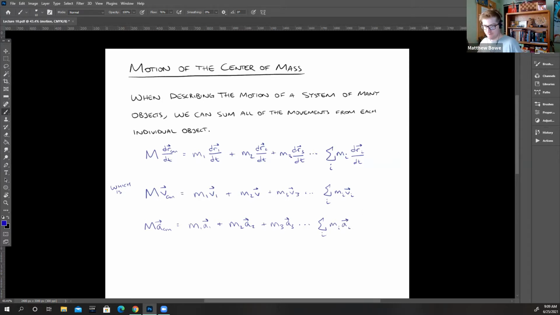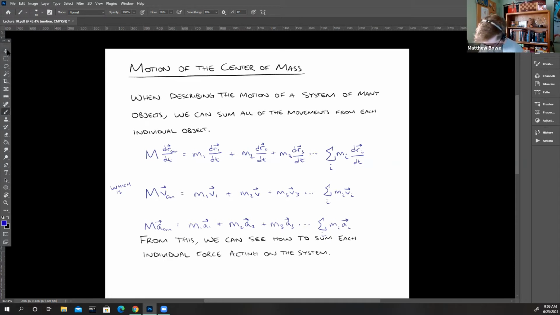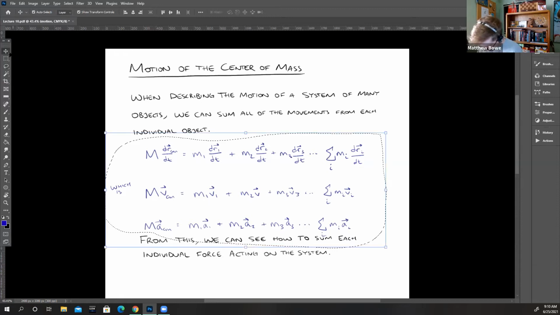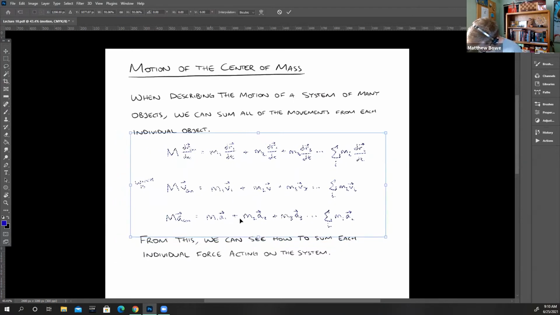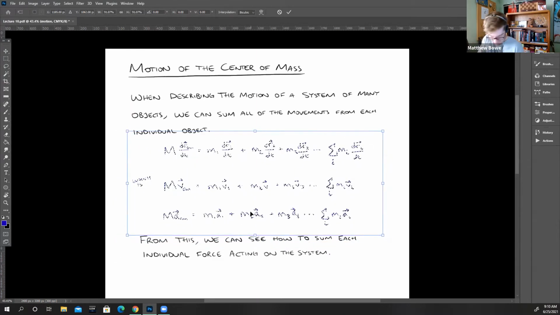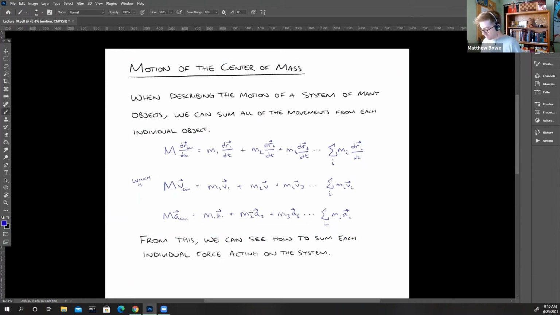And from this, was it chapter 4, we learned, just barely, chapter 4, we learned about Newton's second law, which was mass times acceleration.